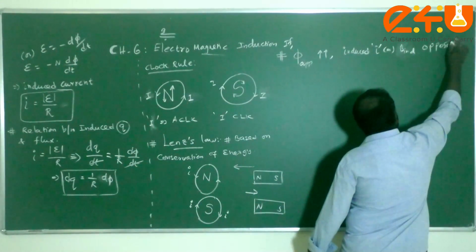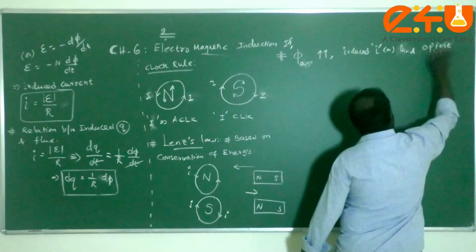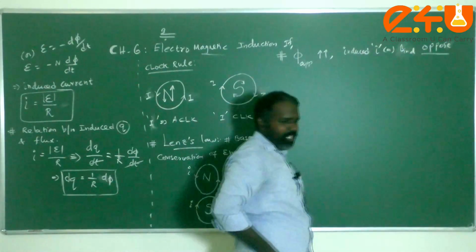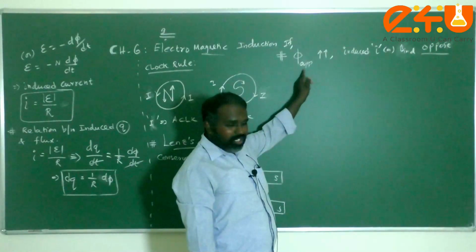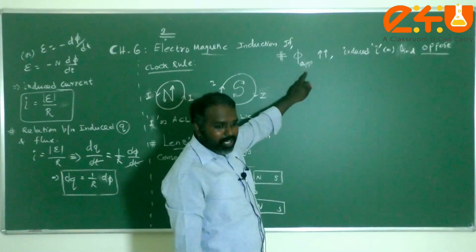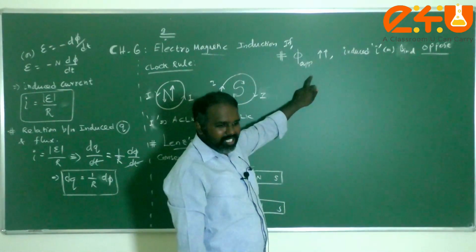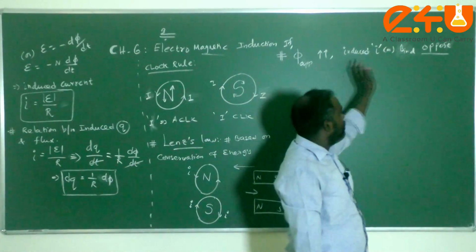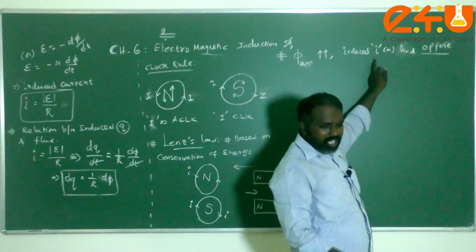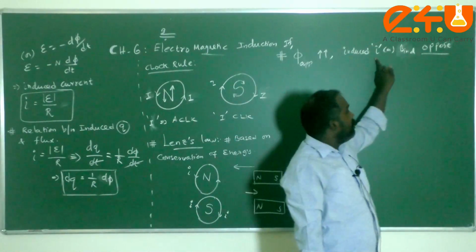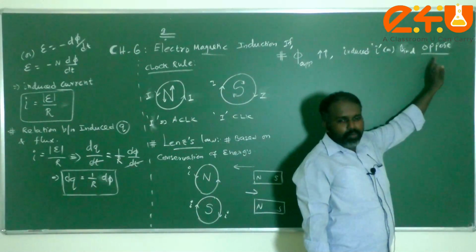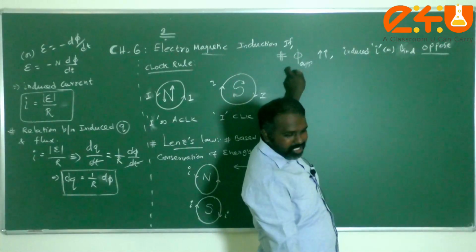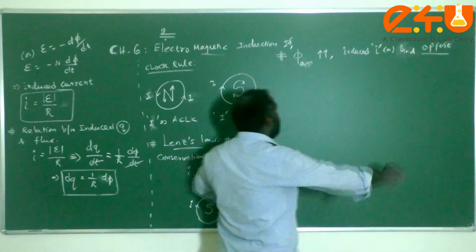Keep in mind, when the applied flux or field increases, the induced current will flow in such a way that the induced field will be opposite to the applied magnetic field.